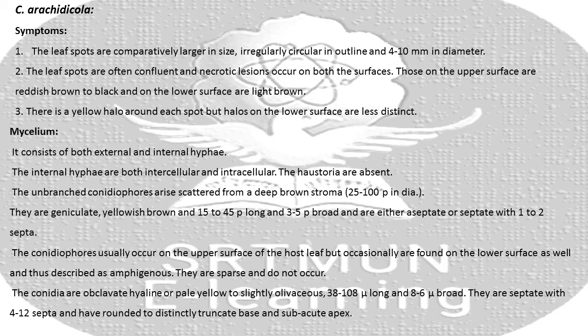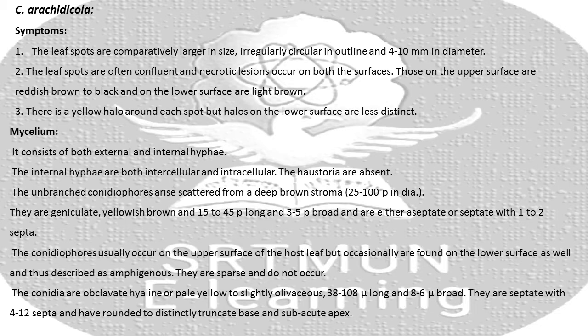Next point, the leaf spots are often confluent and necrotic lesions occur on both surfaces. Those on the upper surface are reddish brown to black and on the lower surface are light brown. Next point, there is a yellow halo around each spot, but the halos on the lower surface are less distinct.